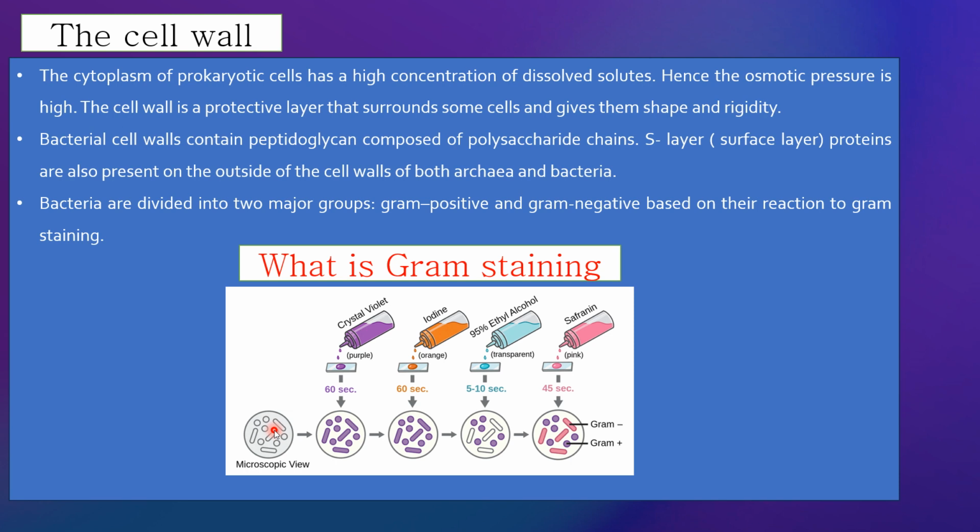First we applied crystal violet, so iodine can fix the crystal violet in the gram positive bacteria. This is the gram positive bacteria. Then the remaining ones are the gram negative bacteria.